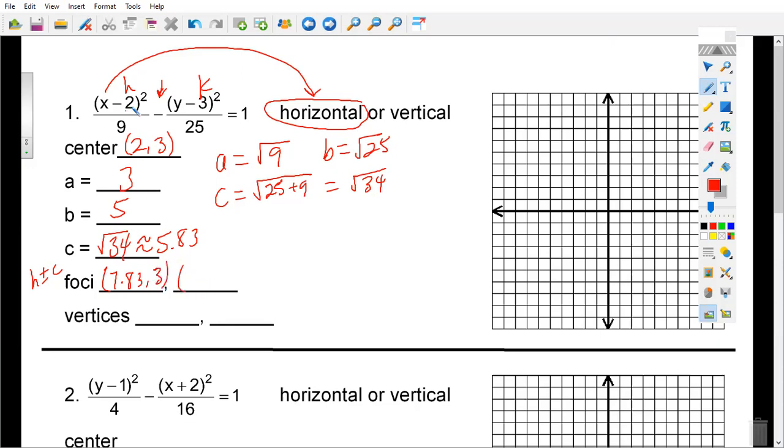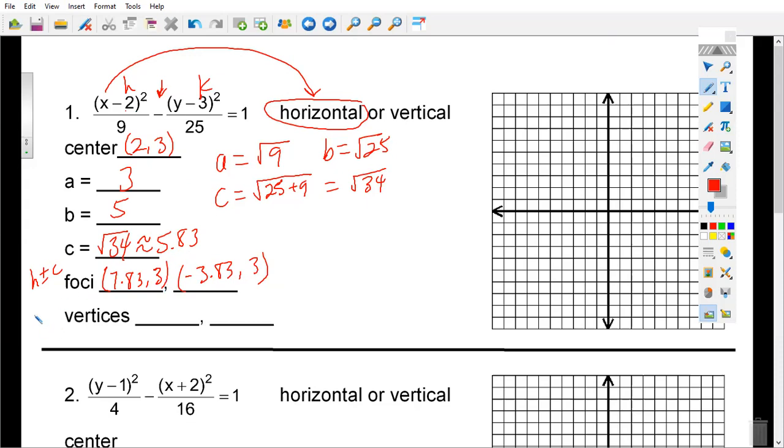And then 2 minus 5.83 gives us negative 3.83. It's your h plus and h minus.